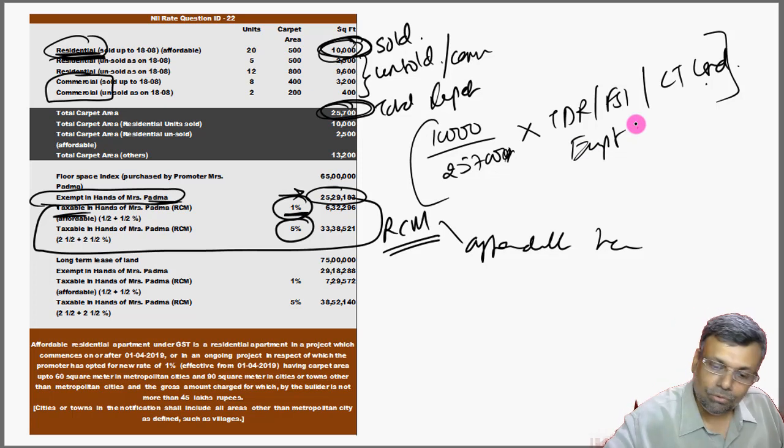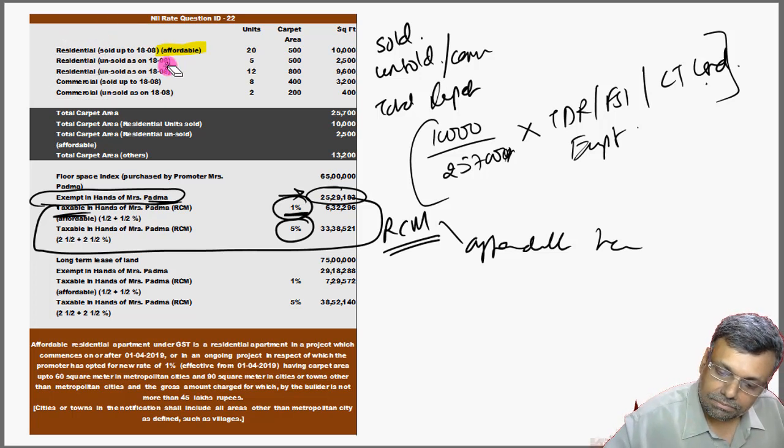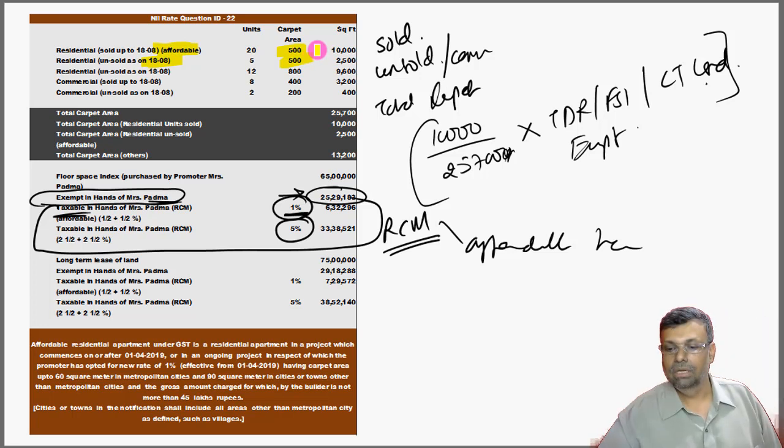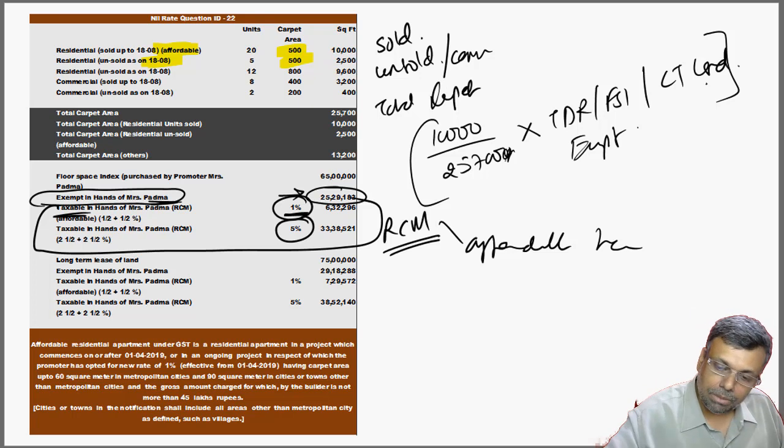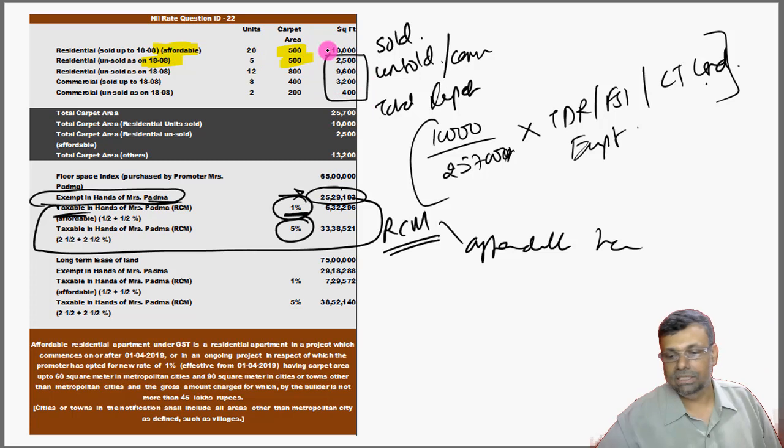Out of the balance, we again have to use the same proportion, because everywhere this carpet area proportion is to be used. Now, for example, if this much was affordable housing, this is affordable, this 500 is affordable. So to the extent of the affordable housing, the RCM will be applicable, because whatever is unsold is subjected to RCM.